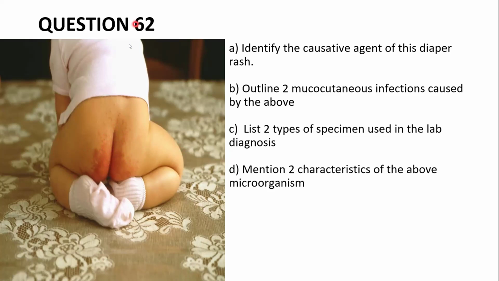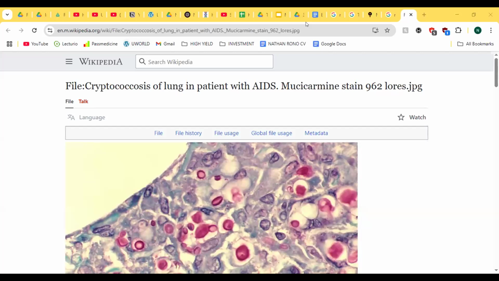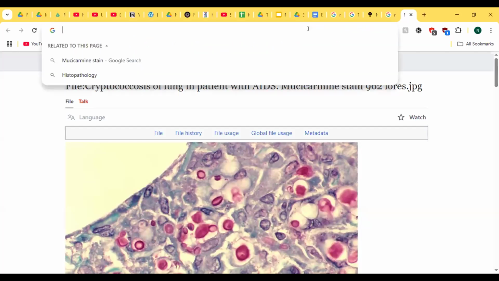Candida, very good. Now, I want you to compare this. Wait, let me stop sharing so that you see. I want you to compare this. Where is it?